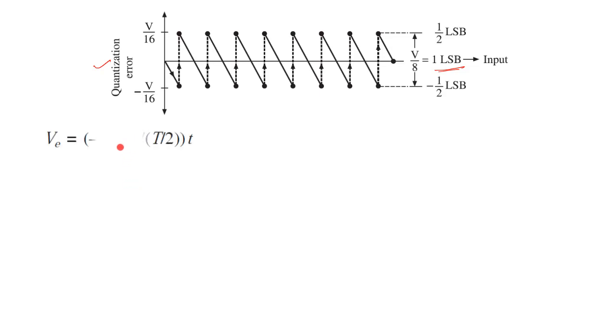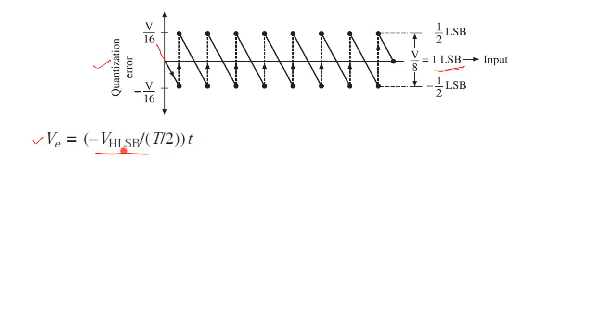Now we need to find the error voltage. So, if we find the expression for this signal, this sawtooth wave symmetrically placed around the x-axis, obviously it will become minus V_H LSB by T by 2, times t, right.